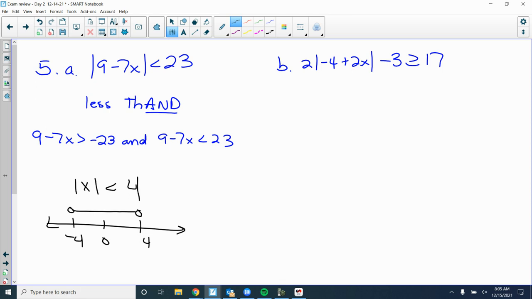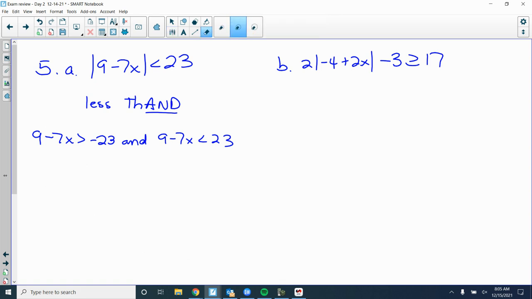So it has to be bigger than -4 and less than 4. That's one way to set it up. The other way is, if you have it by itself, you can just do -23 is less than 9 minus 7x is less than 23. You can mash them together. They'll give you the same answer.